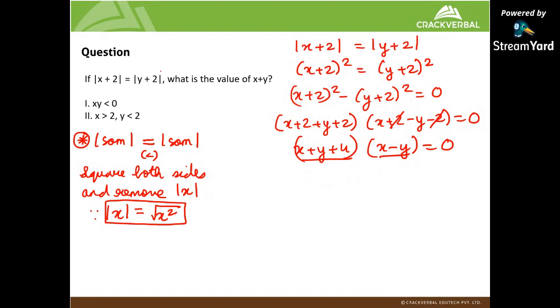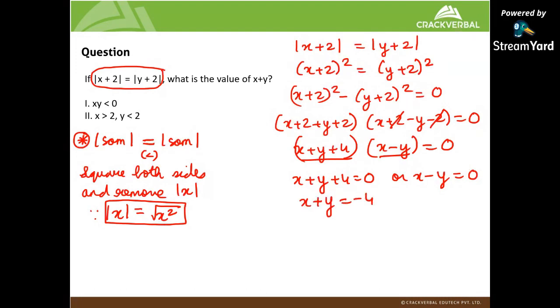So what this question stem is actually giving me is two possible values for x and y. It's telling me either x plus y plus 4 is equal to 0 or x minus y is equal to 0. So it's giving me two possible solutions. Either x plus y is equal to minus 4 or x is equal to y. This is what the question stem is giving me.